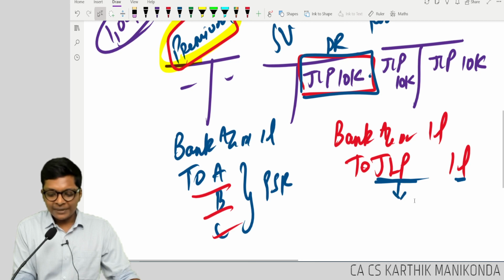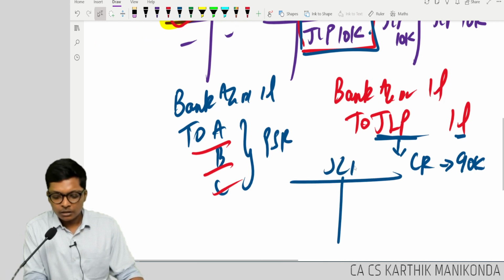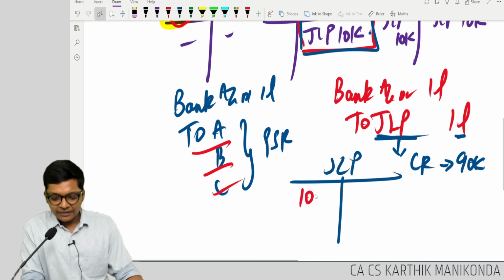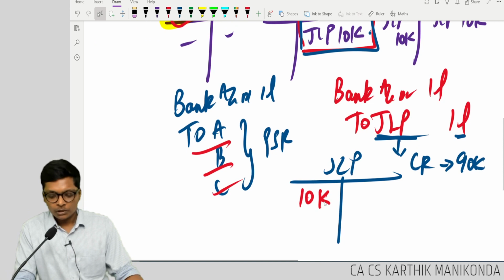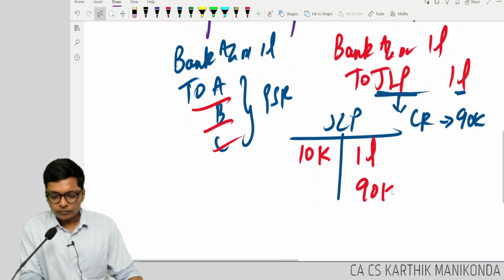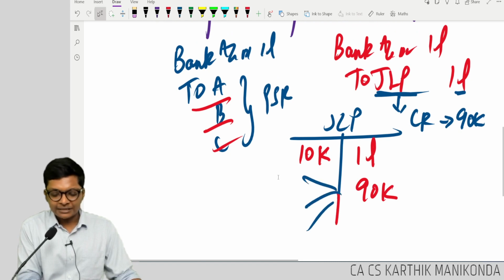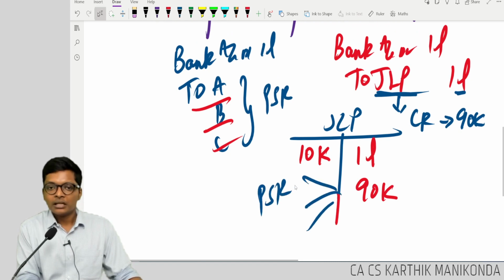So now JLP has a credit balance of 90,000. Correct? If I have to prepare the ledger of JLP, it started with 10,000 on debit side. Now I got 1 lakh money. So I am left with 90,000. This 90,000 I will share between the three partners in the profit sharing ratio.